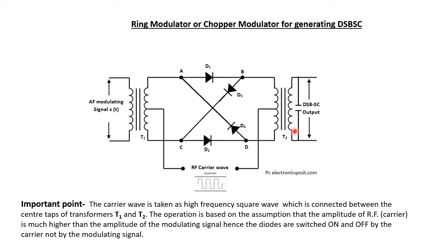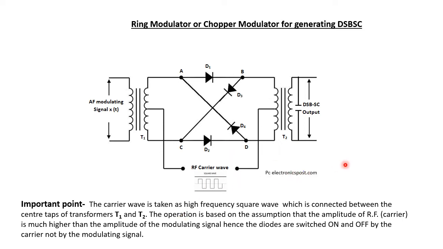Across the secondary of the output transformer T2, a capacitor is connected, and along with the secondary of the output transformer, it forms an LC circuit, which can be used to reject certain frequencies and select other frequencies depending on the resonant frequency of this LC circuit.